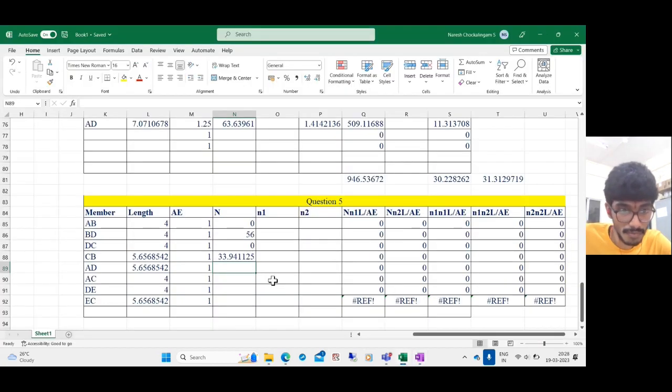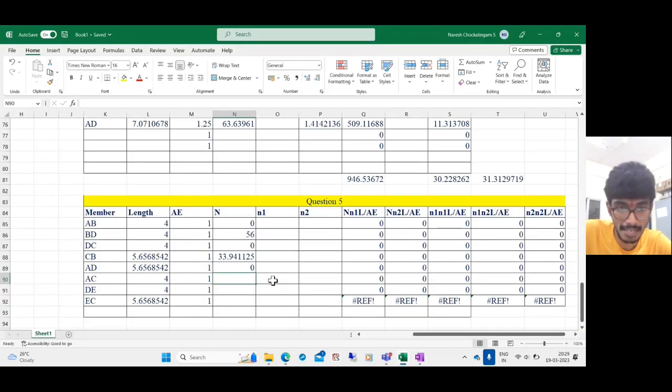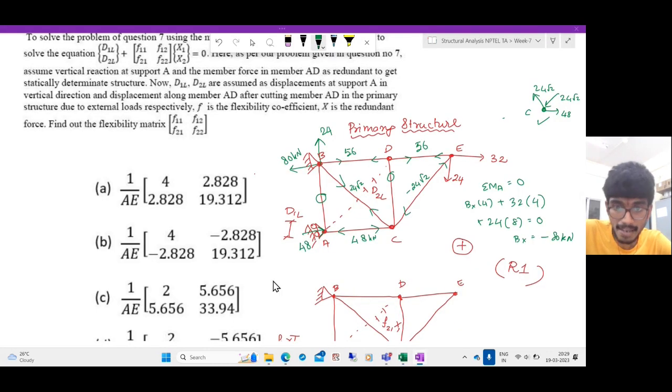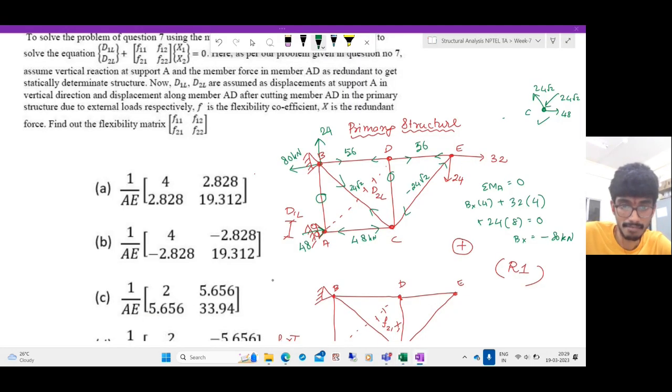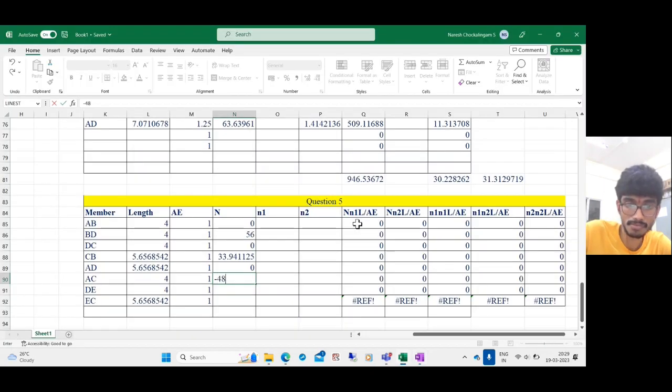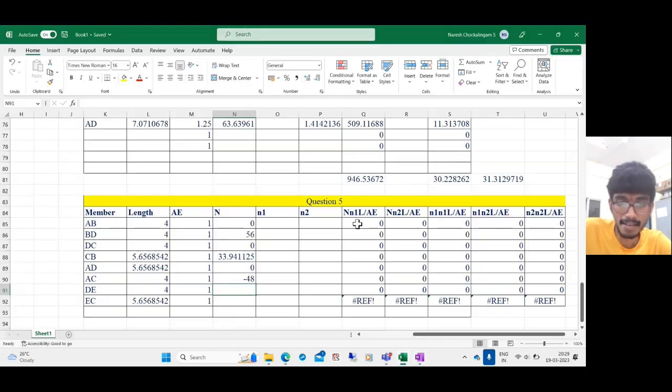AD is 0 because that is released. AC is minus 48 kilonewtons, so there's a minus here. DE is tensile 56, and EC is minus 24 root 2.